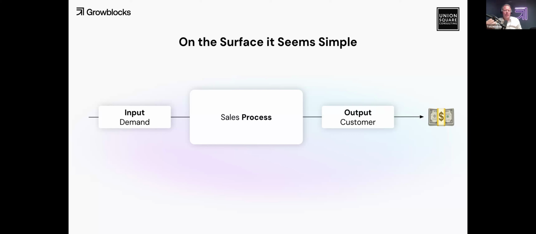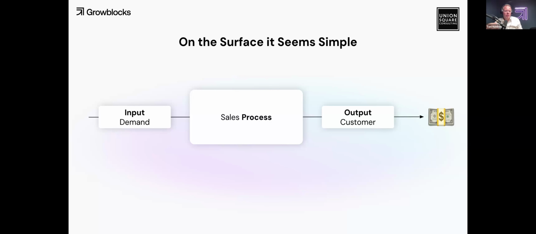Embracing the factory line idea is about inputs, which you can call demand being created by the team, or leads or whatever comes in. Then there can be a process. A large part of that might be the sales process, but there are also processes on the marketing side and so forth. And then the output of that process becomes a customer, which ultimately is revenue. On a very high, simple level, this is how you can look at this.